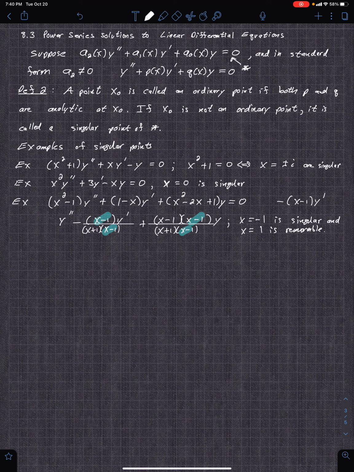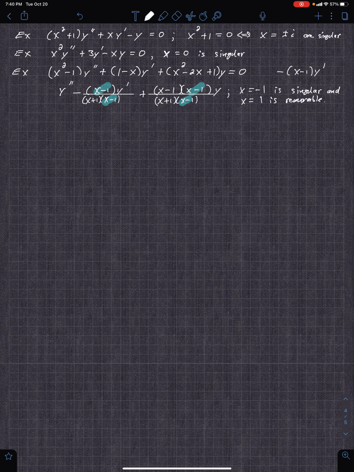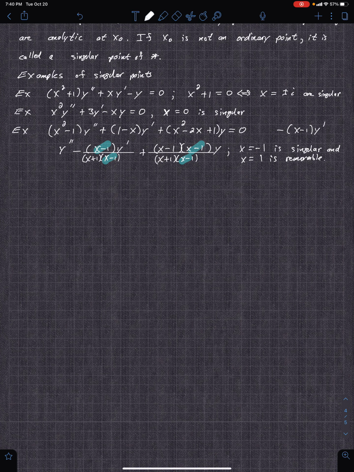Let's look at another example. Let's look at an example of how to find a power series expansion. Not sure we'll have room here, but that's okay, we can go on to the next page.